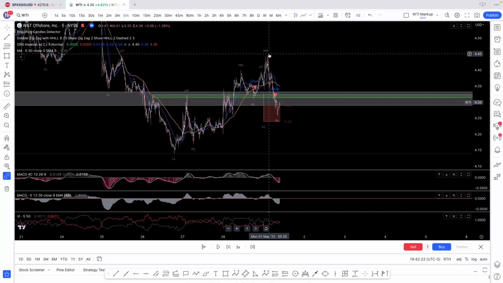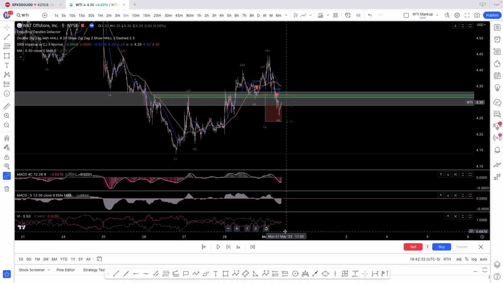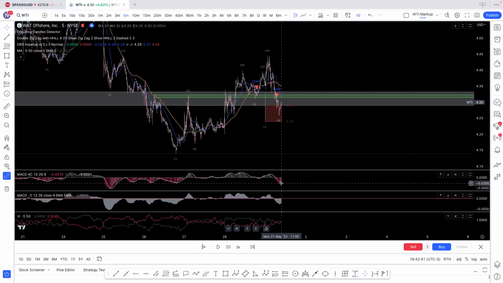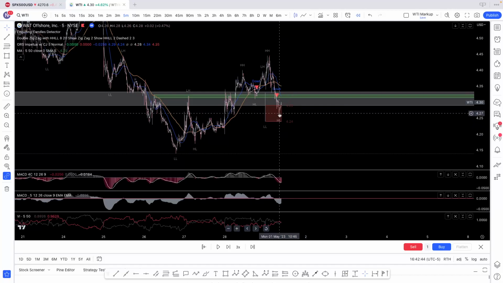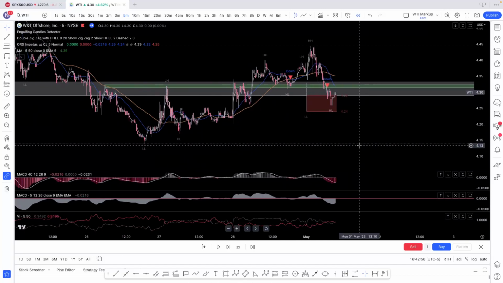Alright. I'm gonna let price play out just because I'm looking at my vortex and it's crossing back and forth. I've got some low volume here, and I'll see if price gives me a pull up and then back down to enter for a sell.